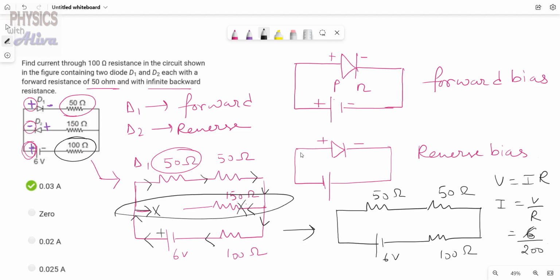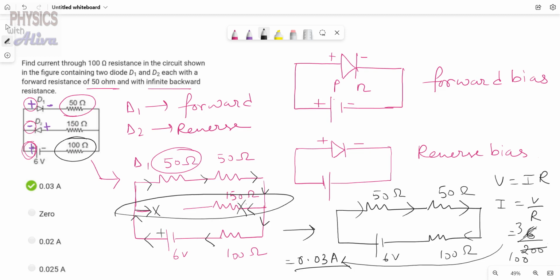So we can calculate this. Let's see, we will cut this with 3, so this will be 3, this will be 100. So from here we can write, I'm not getting space here, so I'm writing this way. This is the current which is flowing through the circuit.